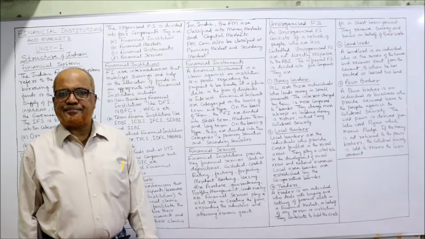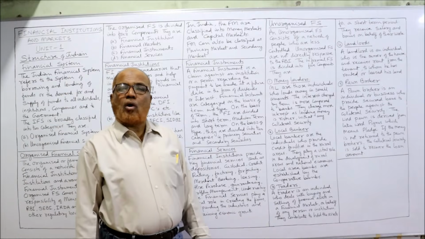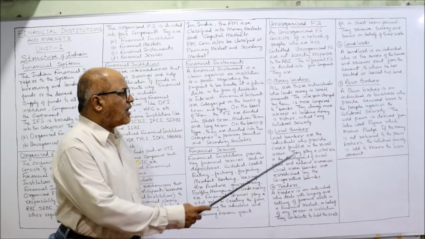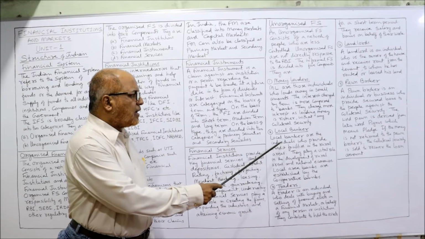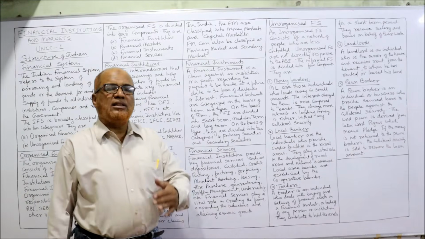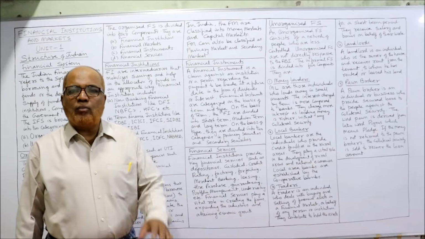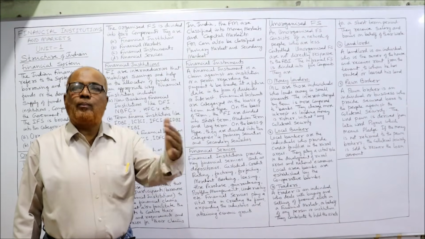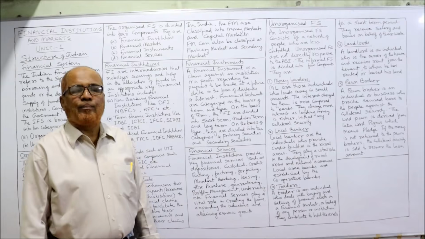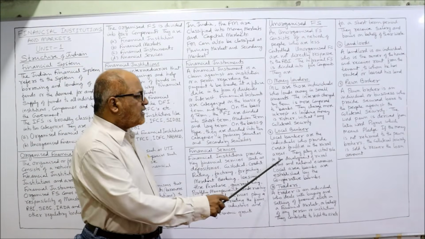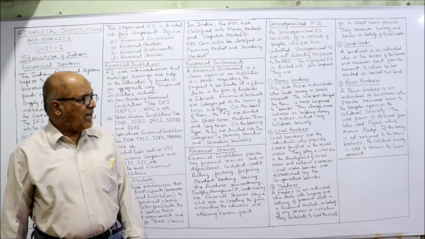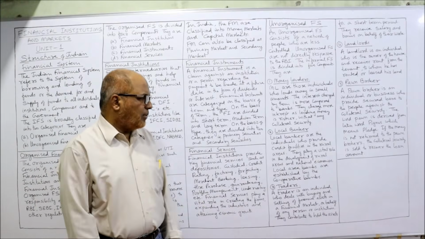Now, local bankers. The second component of the unorganized sector is local bankers. Local bankers are individuals who provide credit facility in the rural areas, in the village areas. Some local bankers provide credit facility to borrowers. They play a vital role in the development of rural areas and national economies.